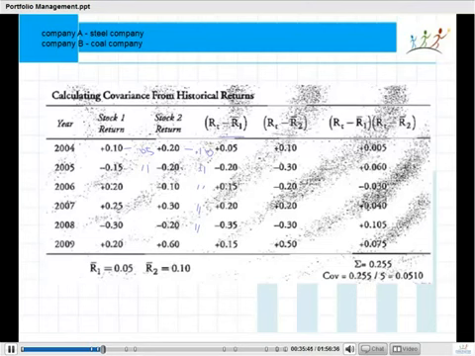The next step in computing the covariance is take the product. Take the product of the two deviations. You've computed the deviations. You see that they are both moving down also together. When this gives 15%, this gives minus 20%. Hence, the product of the deviations is becoming positive.